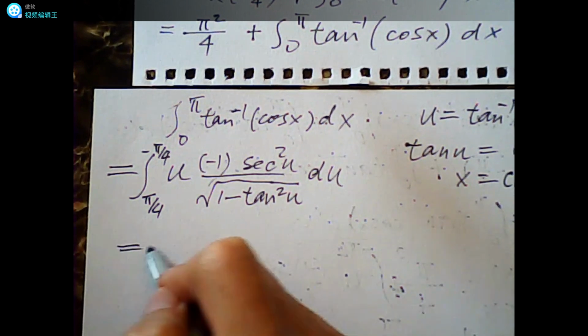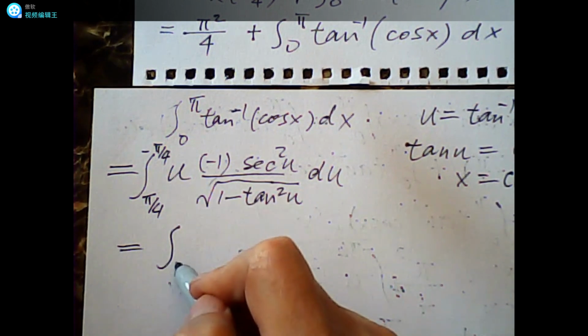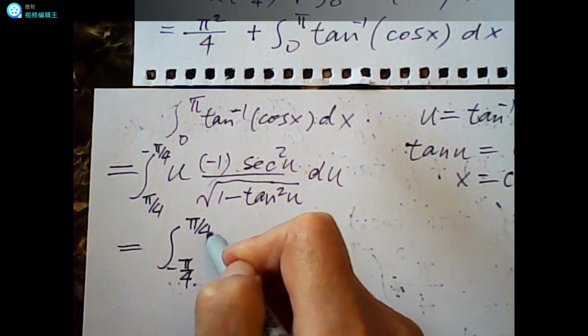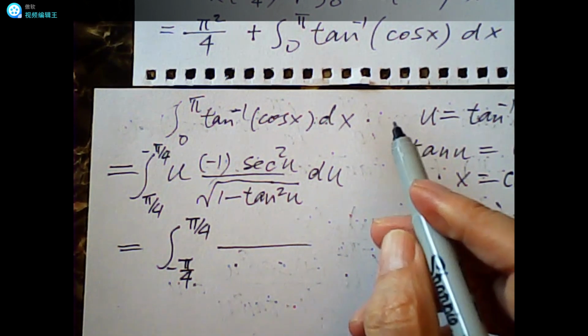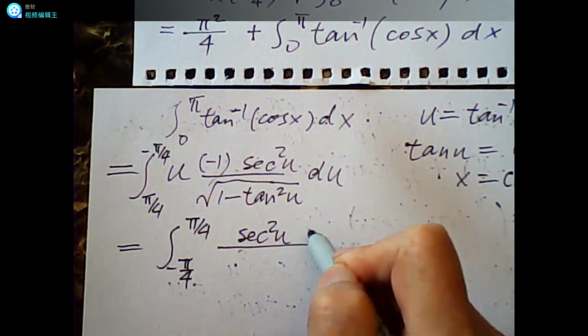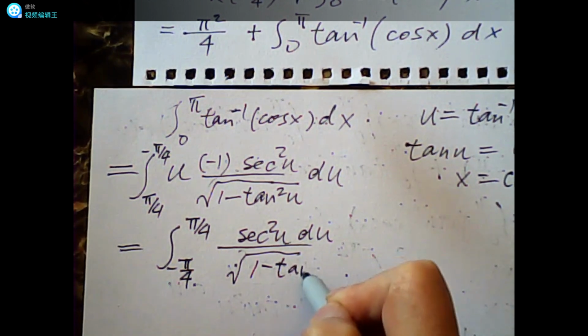So then, with this negative sign, I switch the boundary, and it becomes negative quarter pi to positive quarter pi, right? The integral of secant square u du over the square root of 1 minus tangent square u.